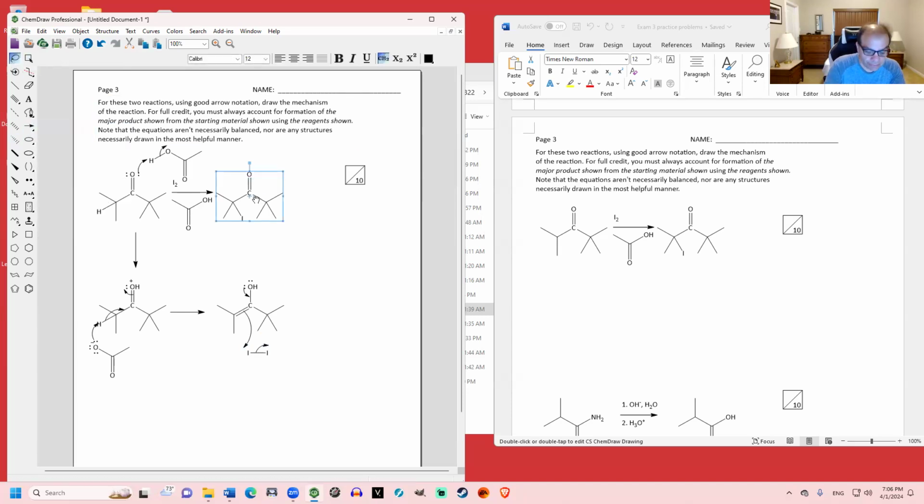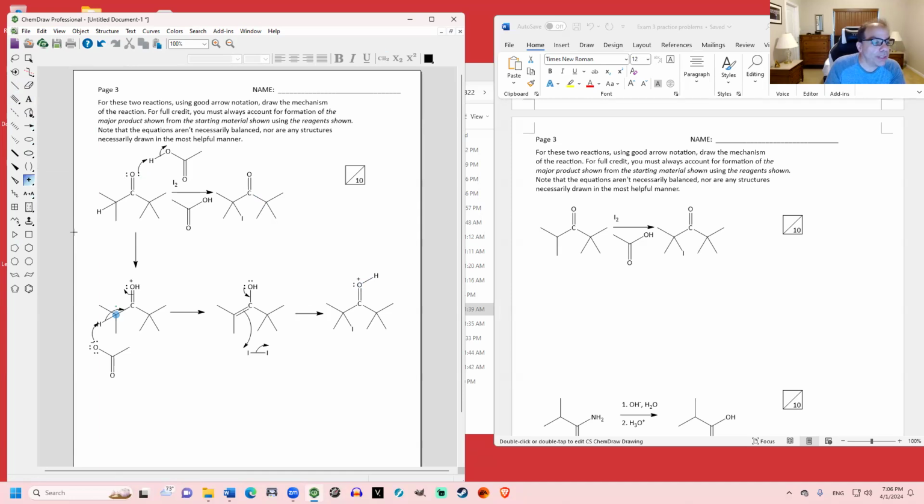And that gets us this, almost, because the proton's still there. And so you get this intermediate.